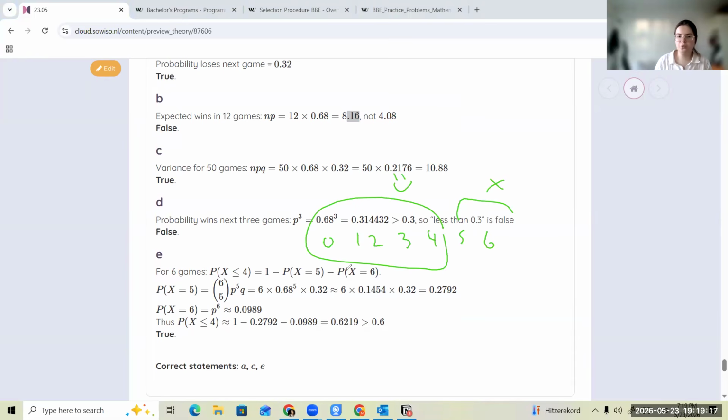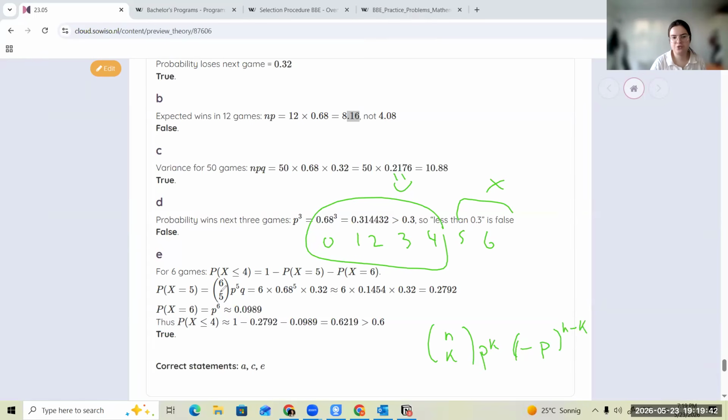So 1 minus what you don't want will give you what you want, because the probabilities of all events in a probability distribution have to add up to 1. This is a bit faster than adding up 5 numbers, you're just doing 1 minus 2 numbers. The binomial distribution formula works as n choose k, times p to the power of k, times 1 minus p to the power of n minus k.